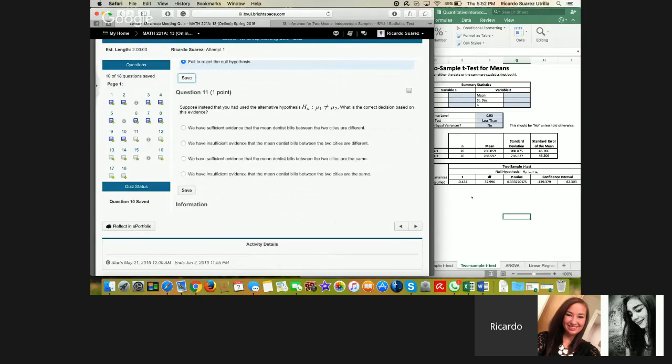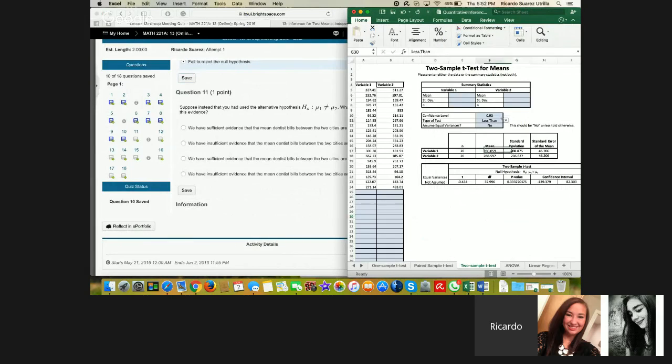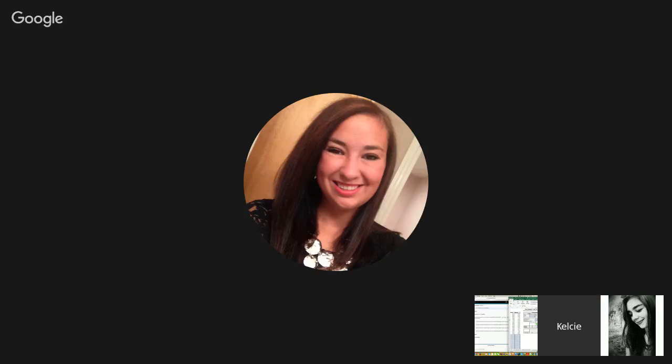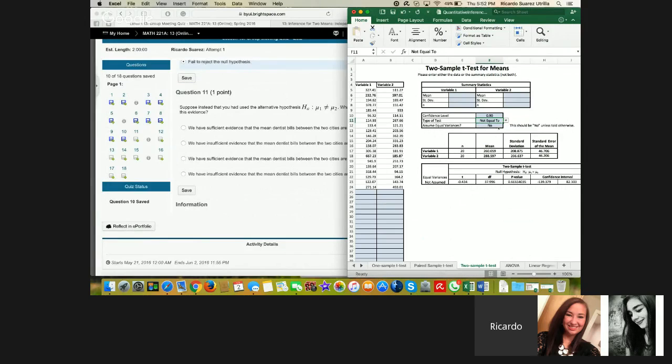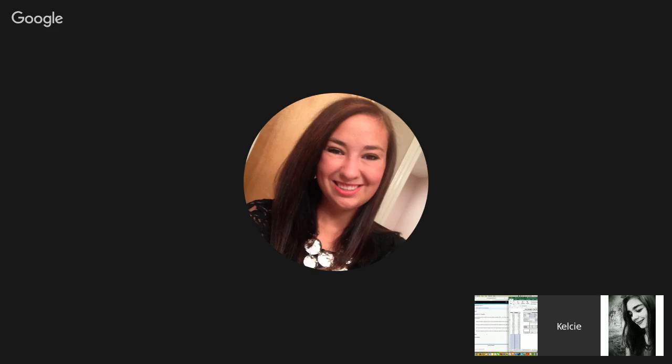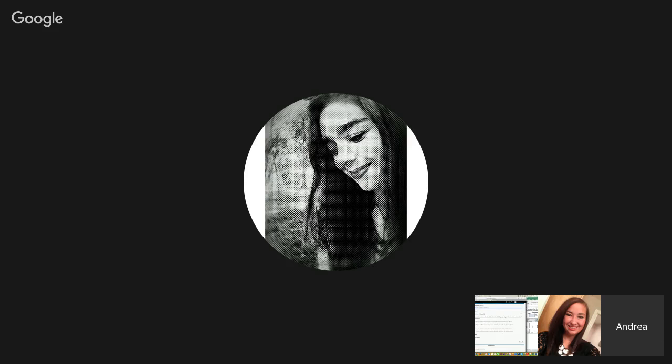Okay, so pretty much what we have to do is change it to not equal to, right? Yeah, let's see how it changes. The p-value is greater, yeah, but the means are still different.